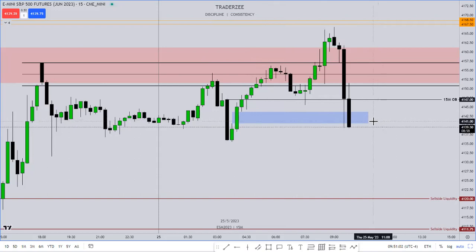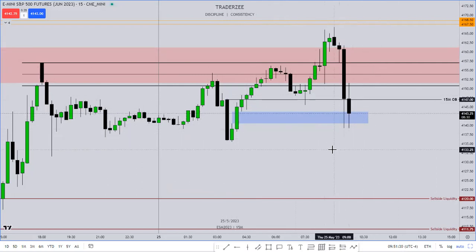Yesterday I said out loud multiple times that I would not be comfortable going short if price took out this low and then came back to the breaker, and then I actually went short because I got distracted. I would not like to do that again. Let's tape read today, because tape reading is important. If you can't tape read, you can't trade. That's the fact.